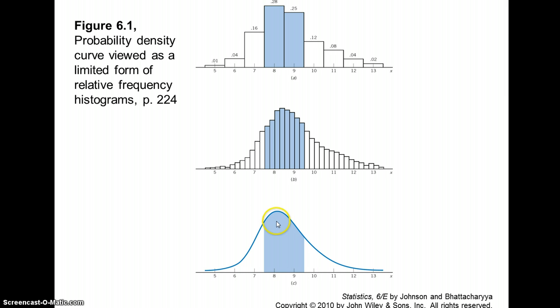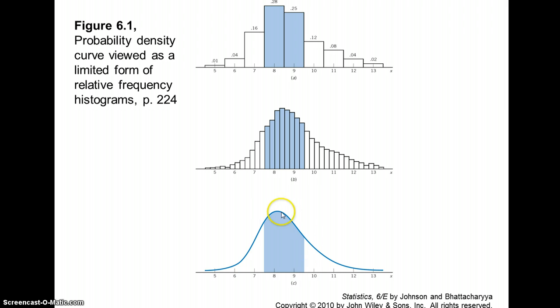In order to find the area under this curve, we need to use calculus, an integral. A lot of you may not have learned calculus, so in order to calculate the area, we have a table we can use to find out the area under this curve.